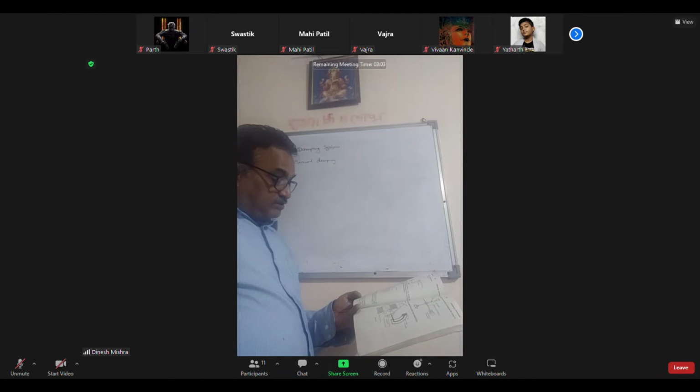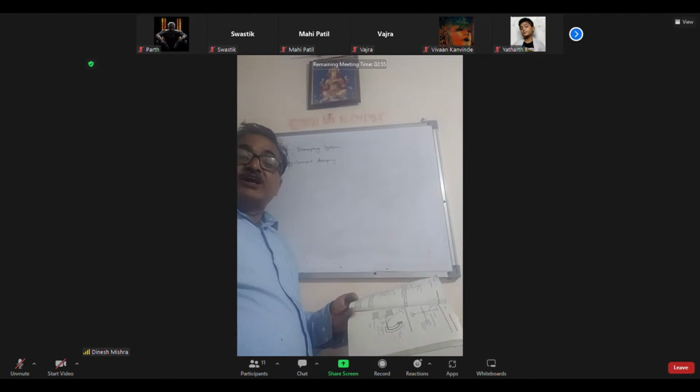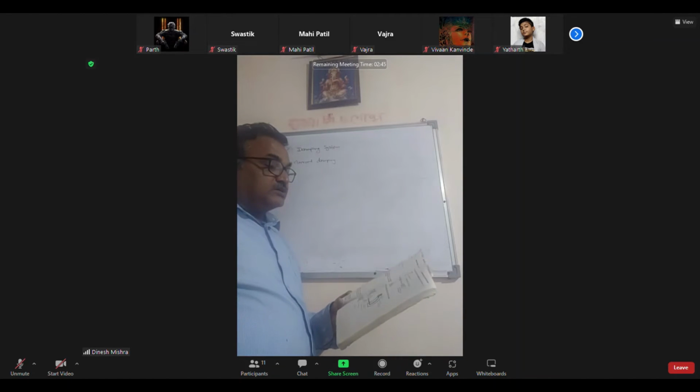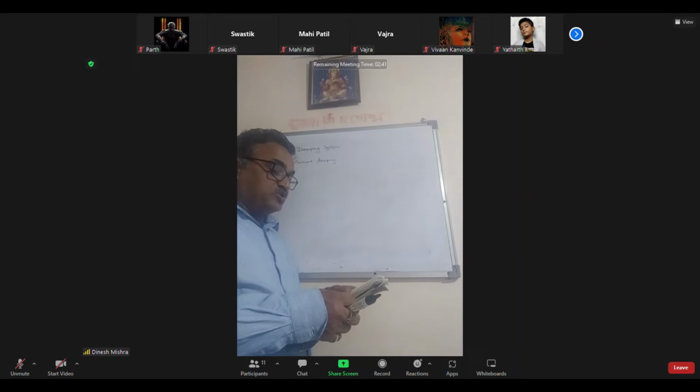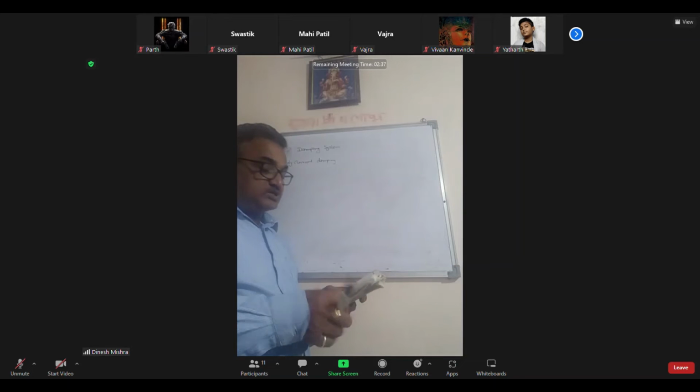Due to the cut of this magnetic field, EMF is produced in the disc, and this EMF creates an eddy current in the disc, which alters the motion of the disc and helps the system to rest quickly. I will explain that now.